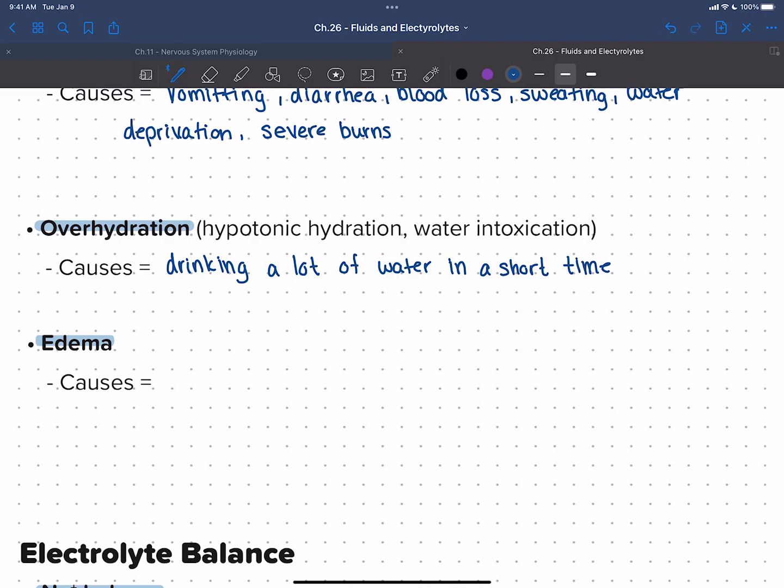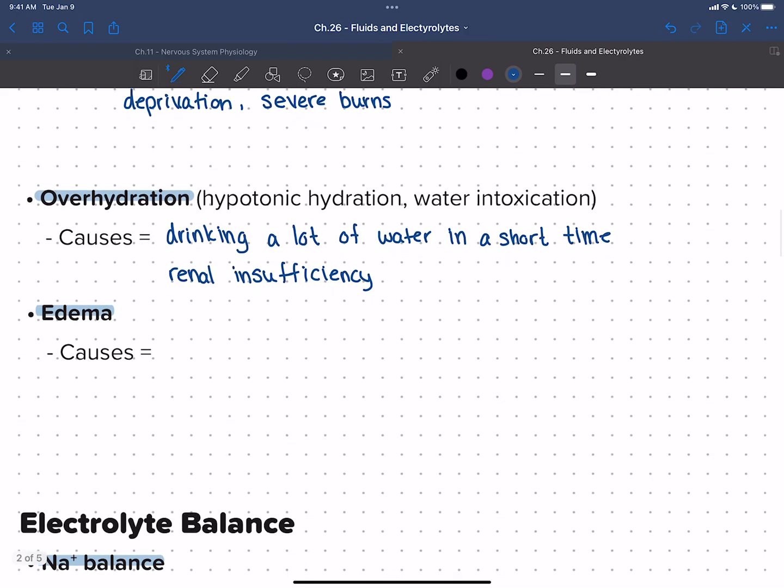This can also, we can see overhydration not just from drinking water, but also when there are problems with the kidney and it's not working properly. So with renal insufficiency, we can see overhydration as well. All right, so overhydration not as commonly seen as dehydration, but it certainly is possible, right?